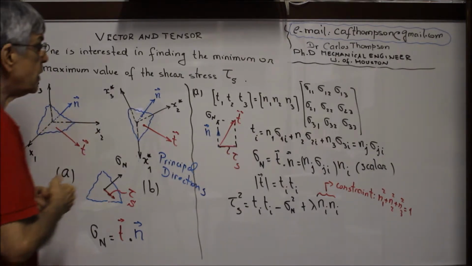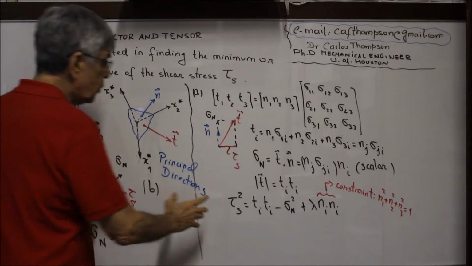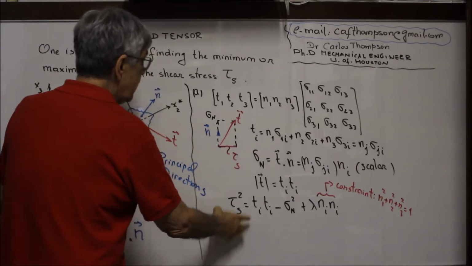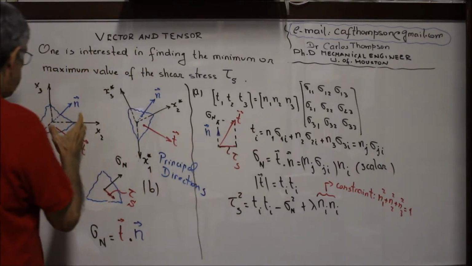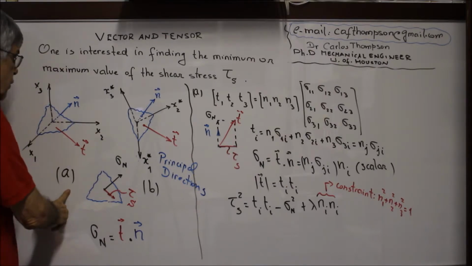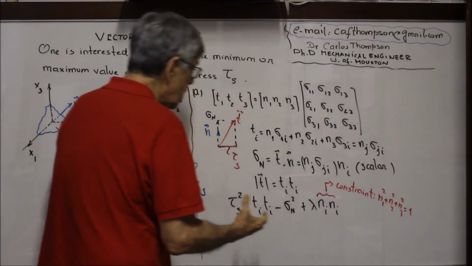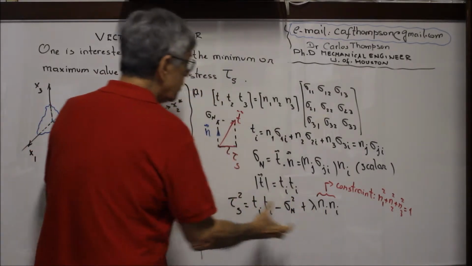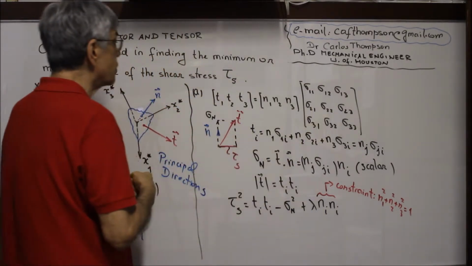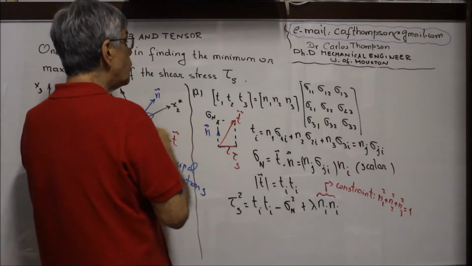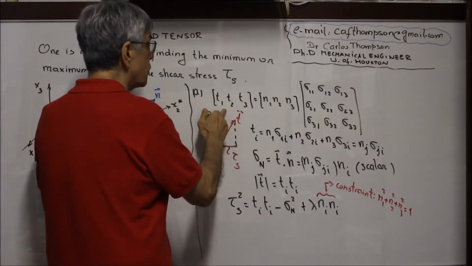Now, I'll show you how to get tau s squared using A, the section A. It's quite long because there are a lot of terms. So, how do I get the stress vector?